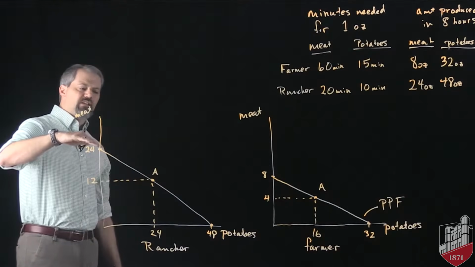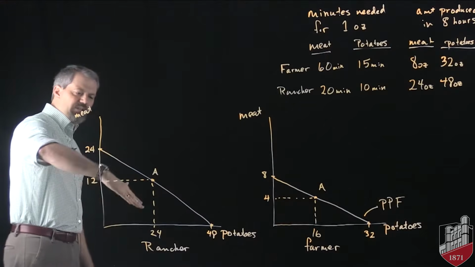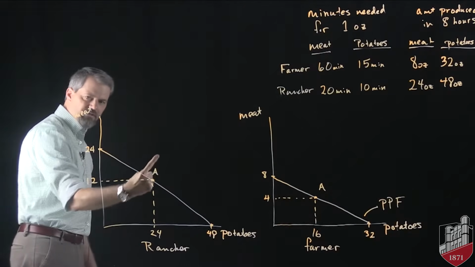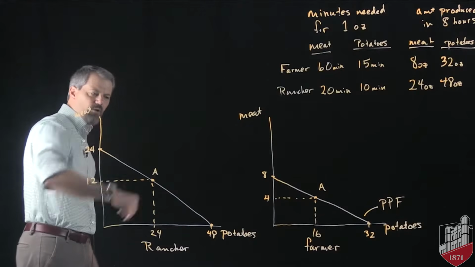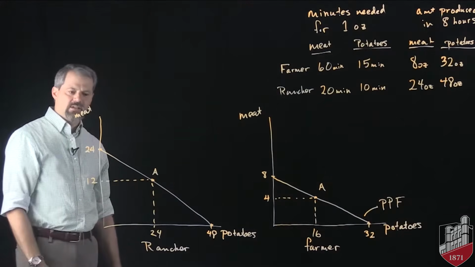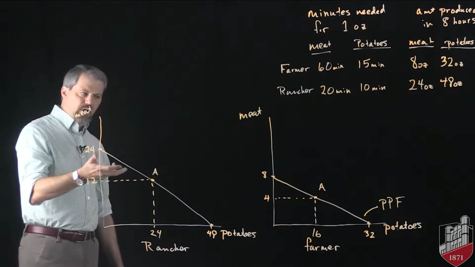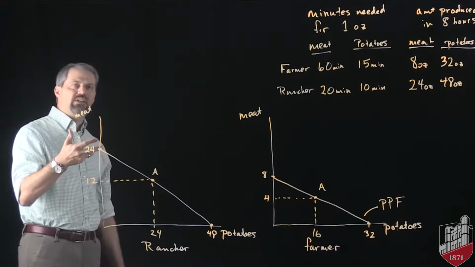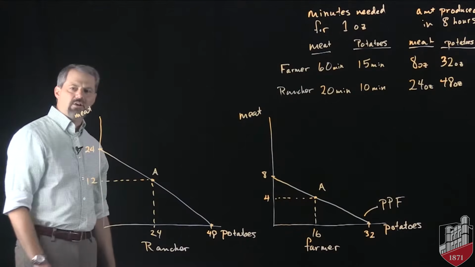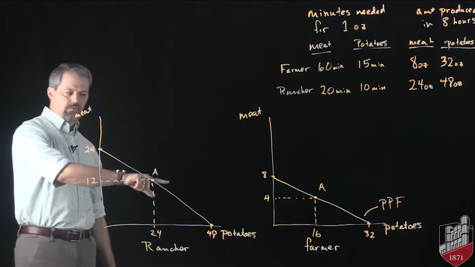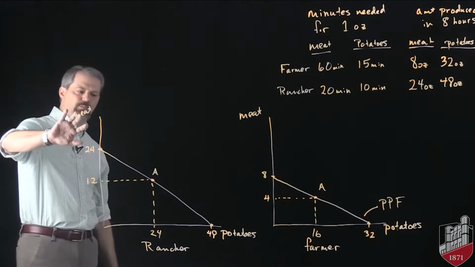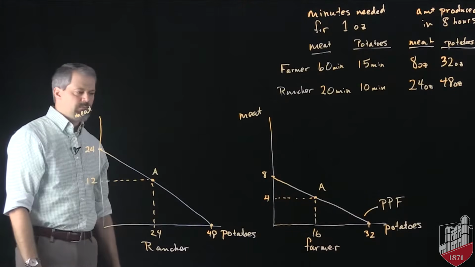We also see that the rancher's production possibilities frontier is farther out in this direction. It's farther away from the origin than the farmer's is. And you already probably know that that just represents the fact that the rancher has the absolute advantage over the farmer in terms of producing both meat and potatoes.